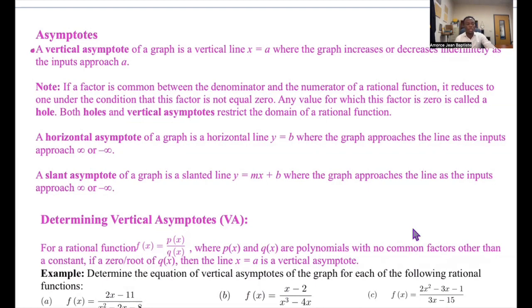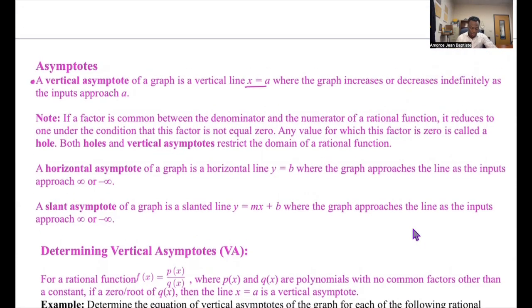A vertical asymptote of the graph of a function is the line x equals a, where the graph increases or decreases indefinitely when x approaches a.